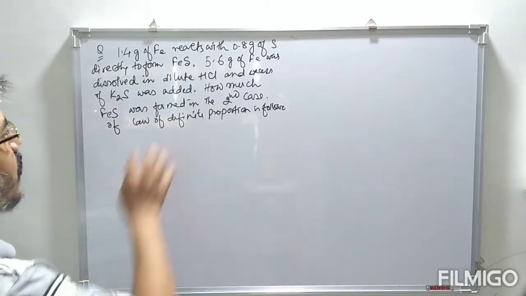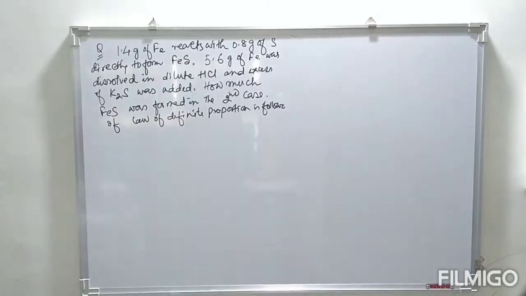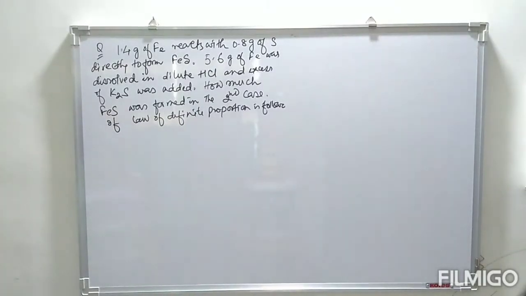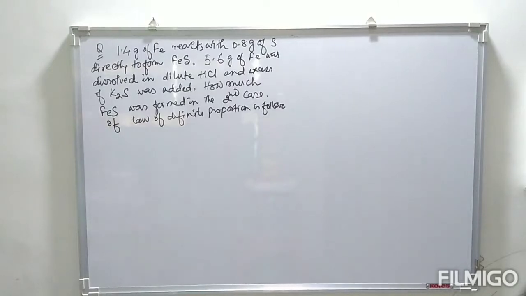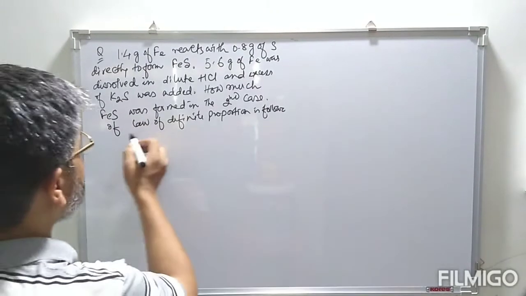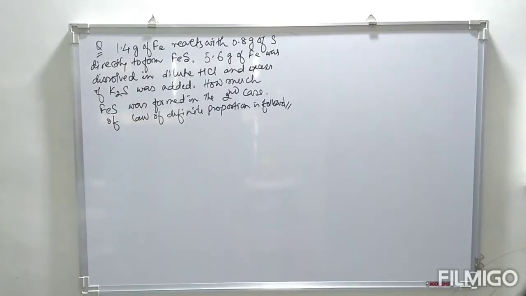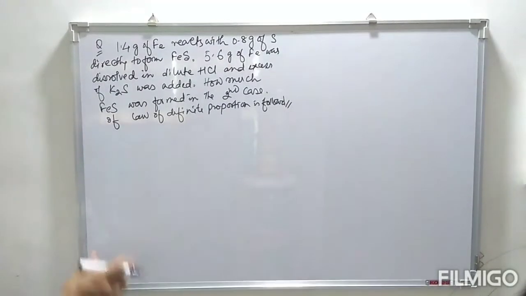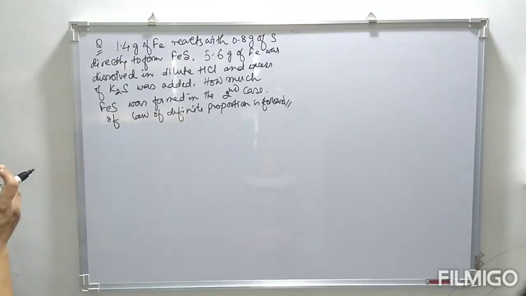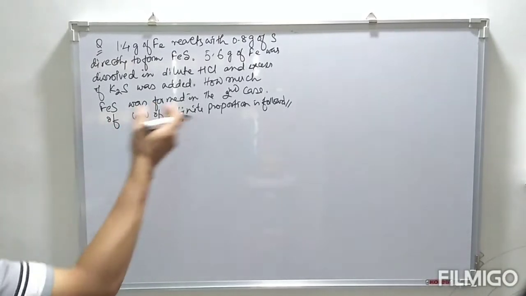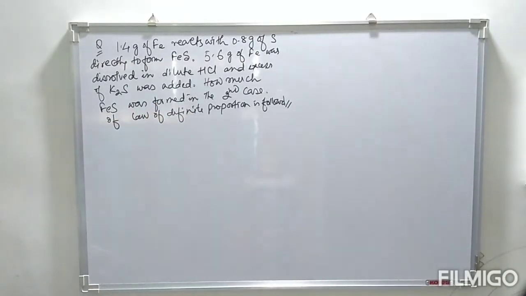The question asks how much iron sulfide was formed in the second case. Since the law of definite proportion is followed, the mole ratio of iron and sulfur in both cases should be exactly the same.